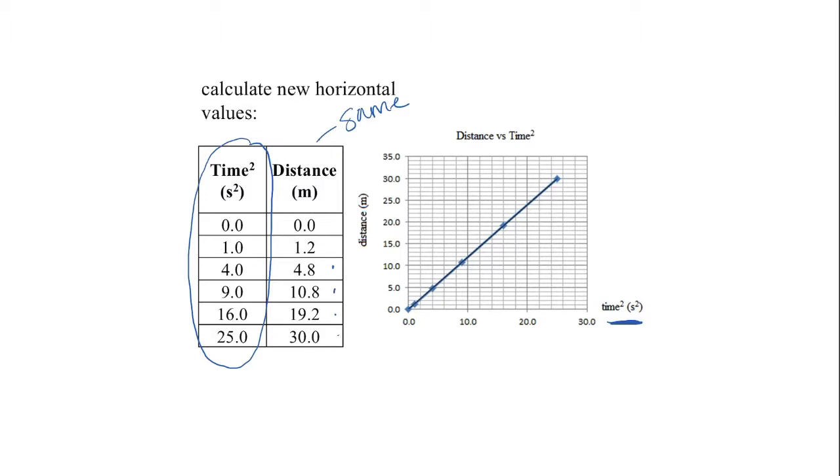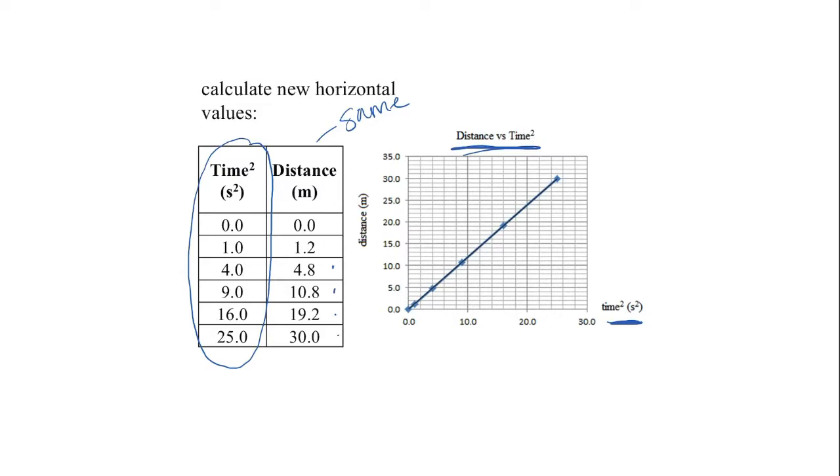If we square rooted, we'd write the square root symbol with time underneath, and then your units would be square root of time. So that's all you have to do for your axis. And you also see that the title has changed, distance versus time squared, so you do need to change that in your title and the title of your axes as well.